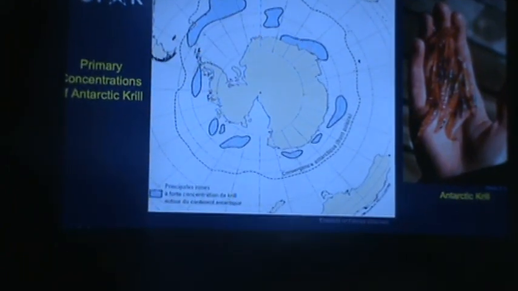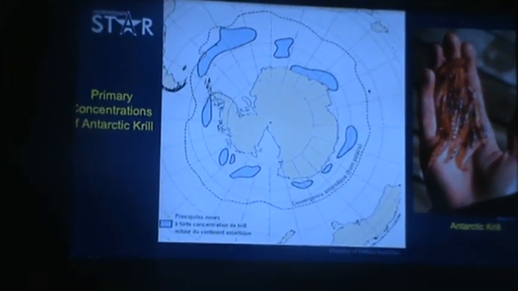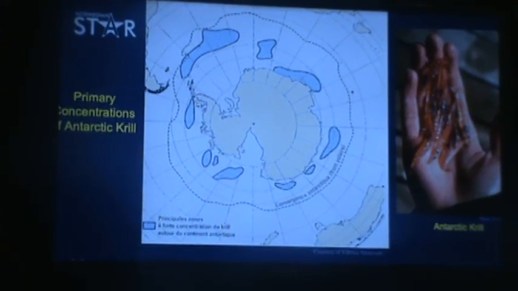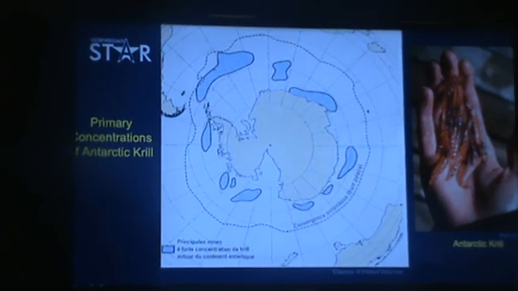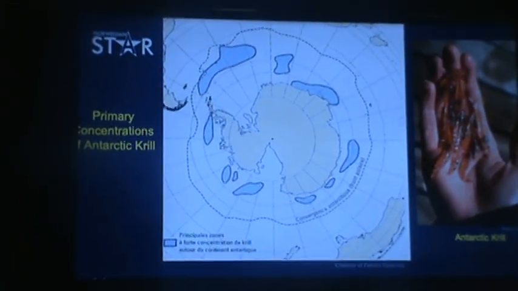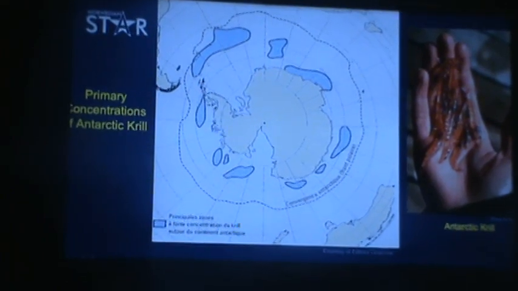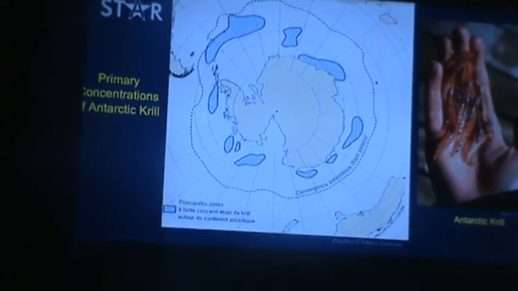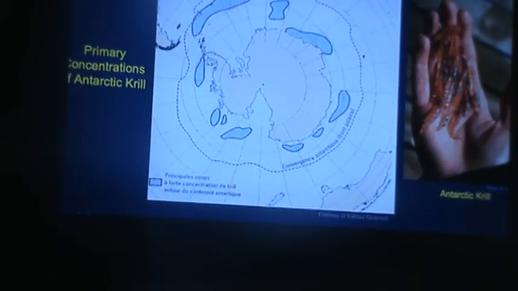With the warming temperatures, two things are happening. One, the sea ice is melting. The food source, relatively speaking, for the krill is diminishing, number one. And number two, as the temperature increases, it means that some of the species have to move to cooler portions of the ocean because they cannot survive the different temperatures.